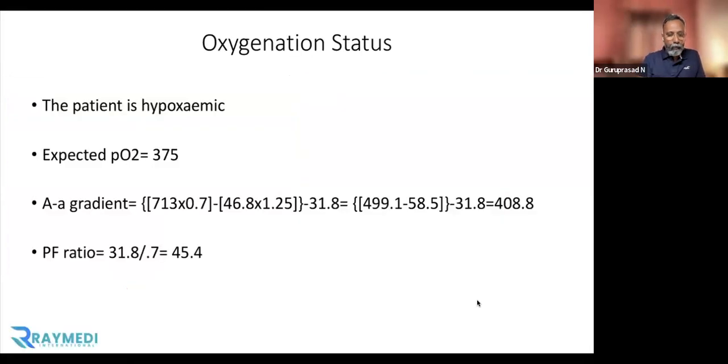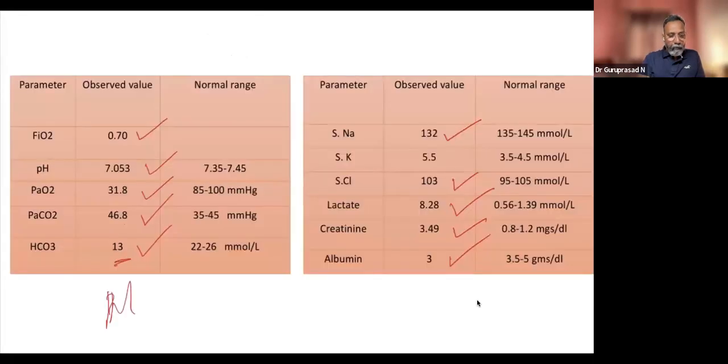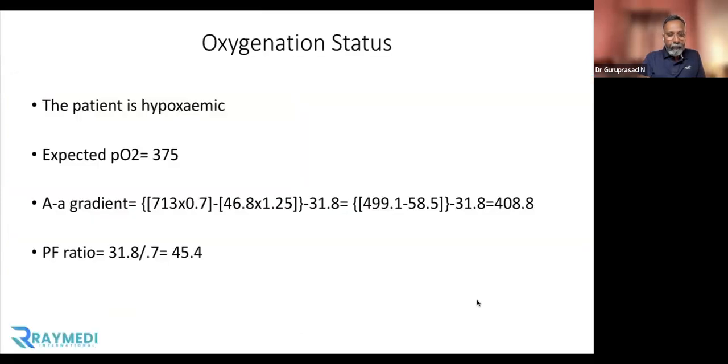We said that the patient is hypoxemic because the PaO2 is very low. The expected PO2, because the FiO2 is 70%, 0.7 times 5 will be 350. It's not 375, it is 350. Then the AA gradient has come as 402.